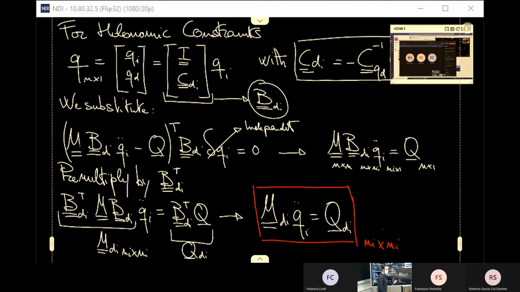Then, in fact, this is a vectorial equation, so it's Ni times 1, if you want. But this means that if you eventually have a number of equations which is, for example, equal to the number of generalized coordinates minus 1, as we have seen, for example, for the Poiseuille mechanism, this could be a scalar equation.